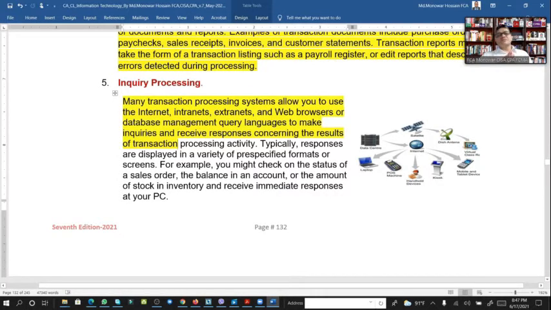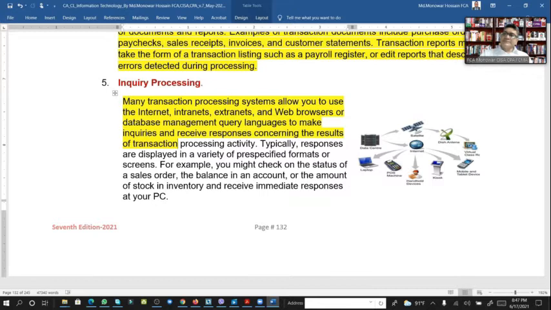Many transaction processing systems allow us to use the internet, extranet and web browser, or a database management query language, to make inquiries and receive responses about the results of transaction processing activity. Typically responses are displayed in a variety of formats on a variety of devices. We might check the status, for example sales order balance, and also dashboard reporting.